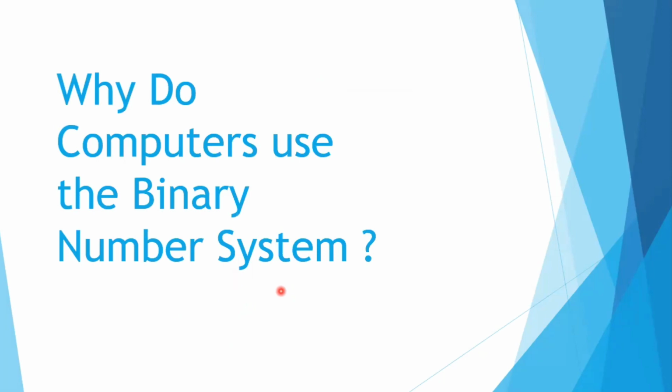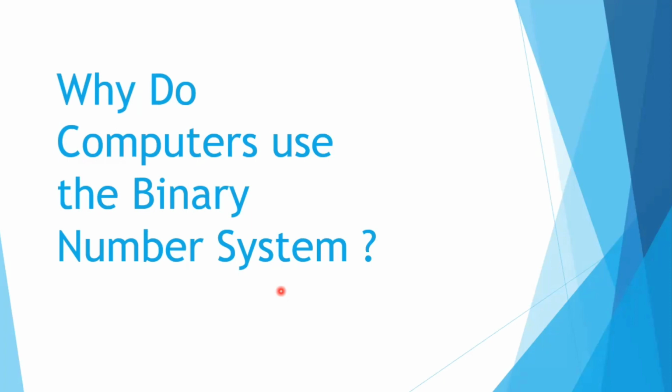So it is very logical to ask, why do computers use the binary number system and not the decimal system? Basically, binary has 2 states, 1 or 0. If computers were to use the decimal number system, there would be 10 states instead, from 0, 1, 2, 3, and till 9.